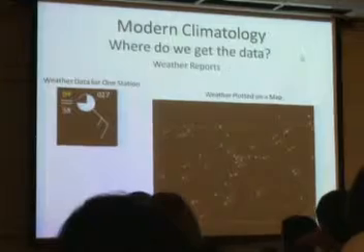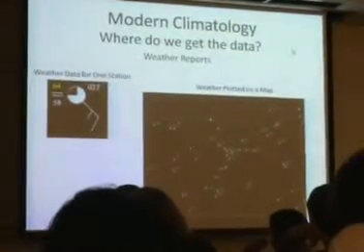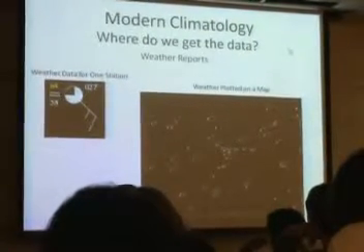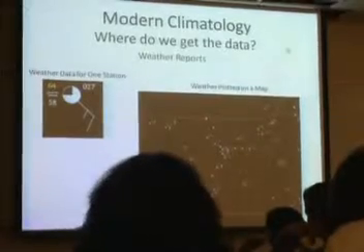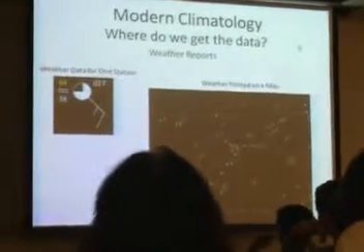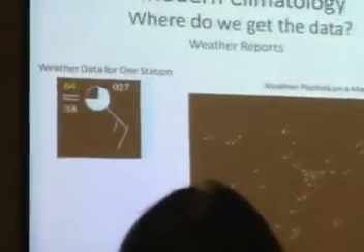And these weather reports are then, back in the old days, when I first started out as a weather forecaster in the Air Force, we had to sit down and plot all this by hand. Well, now it's all done by computer. And this is actually a weather plot from Friday, the 24th. You see all these little green dots for rain. Remember Friday was raining here?